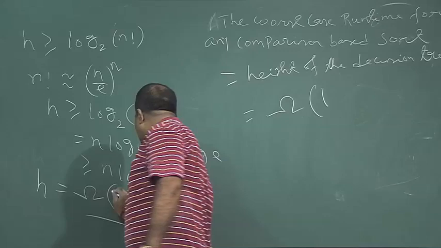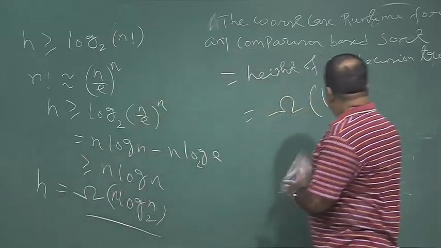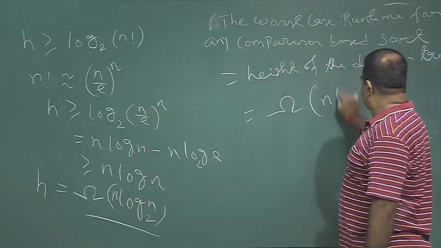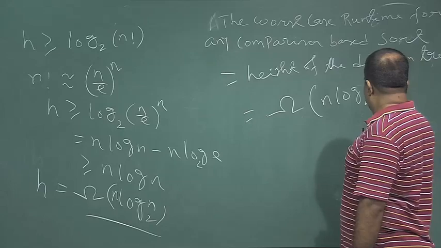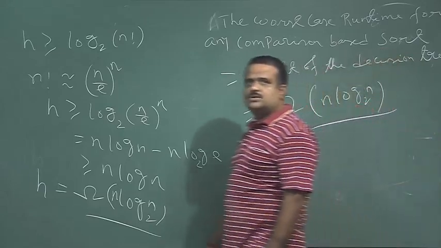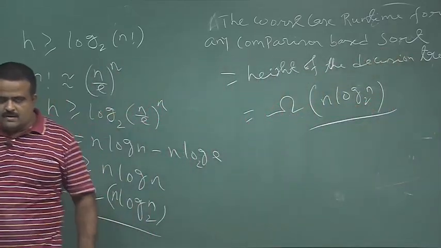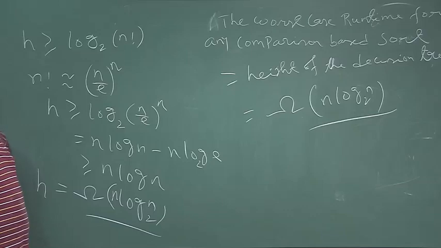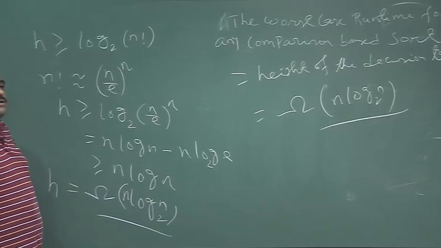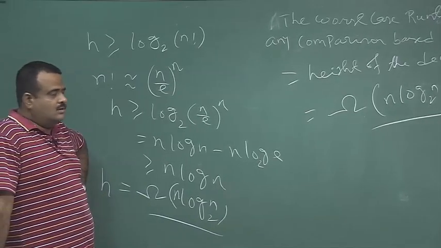So, we have proved that we cannot do better than n log n in the worst case if we are using comparison based sort.